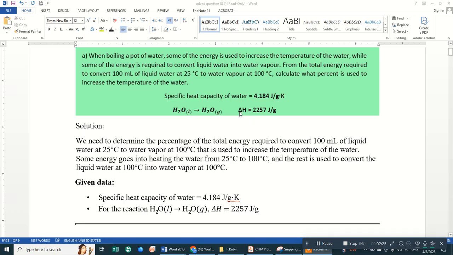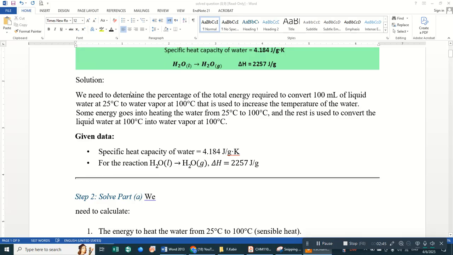Standard enthalpy is given, that is 2257 joule per gram. The specific heat of water we already know, a well known value, 4.184 joule per gram Kelvin. Now we go to the solution, how we solve this problem.